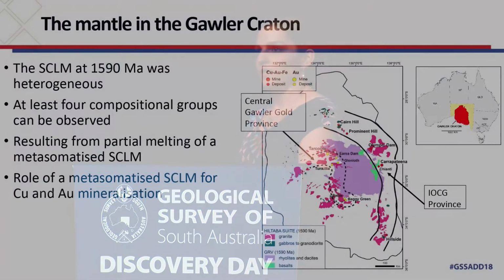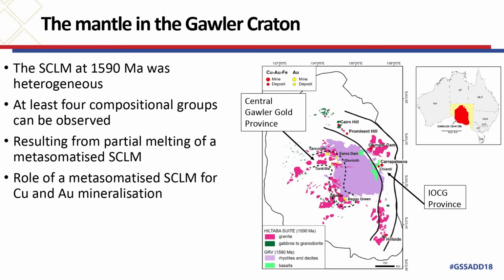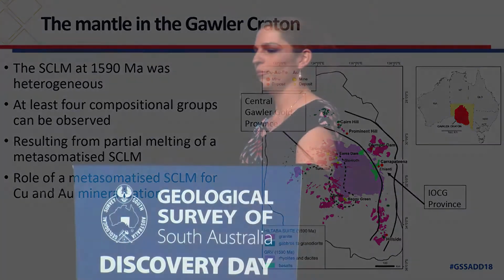What we'll find is that the composition of the mantle at 1590 was heterogeneous, and that there are at least 4 different compositional groups that we can define from this based on their geochemical affinity, and that we interpret them to have resulted from the partial melting of a metasomatized subcontinental lithospheric mantle. And so then that begs the question of what the role of a metasomatized subcontinental lithospheric mantle might be in the generation of the copper and gold mineralisation in the Gawler Craton.